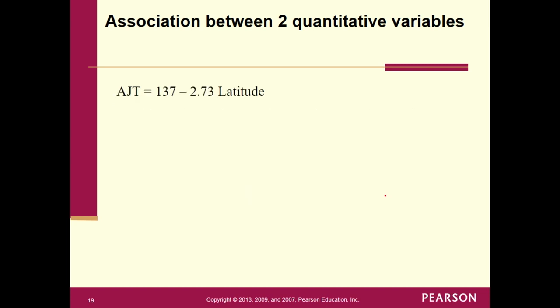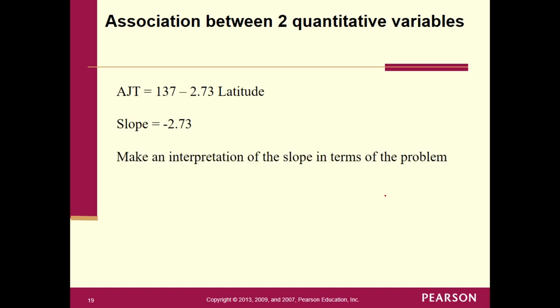So here's our equation again. And so our slope is a negative 2.73 clearly. Okay? And what I want to do is make an interpretation of slope in terms of the problem. Slope is a rate. Okay, it's a rate, but it can be a funny rate. Some rates make perfect sense to us, like miles per gallon or miles per hour.